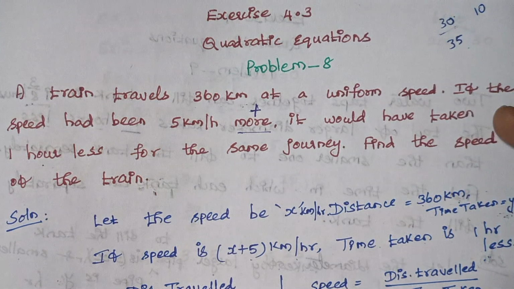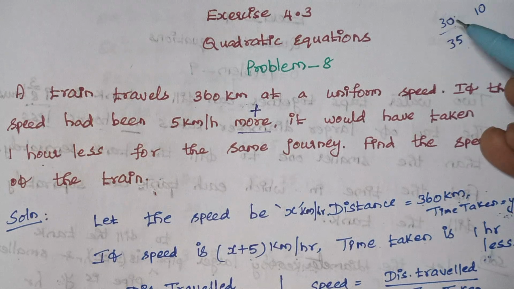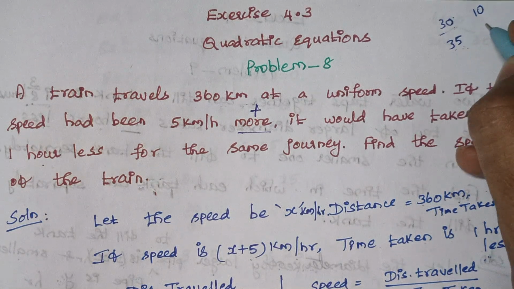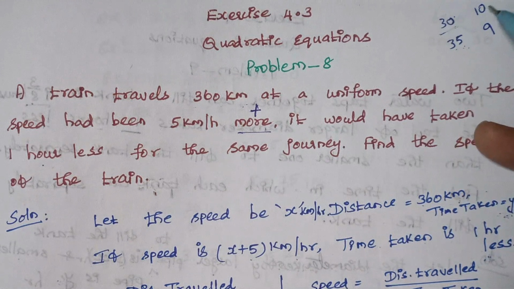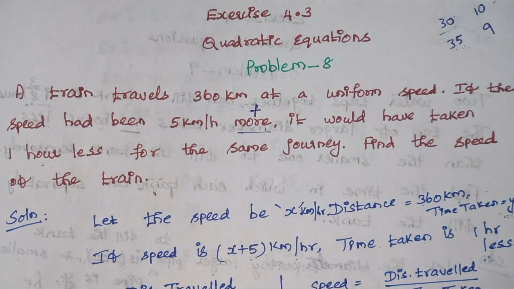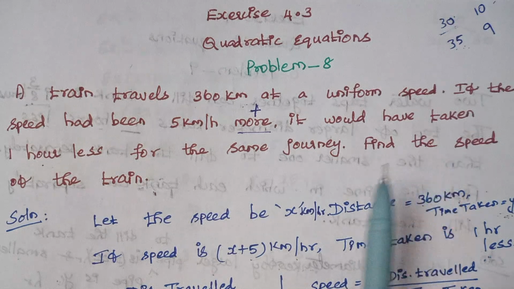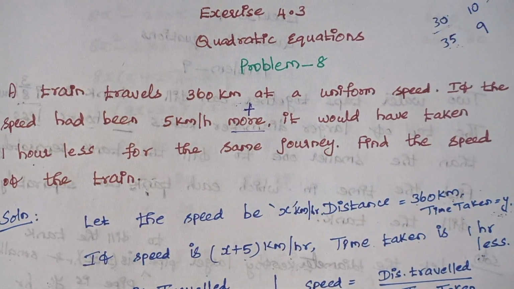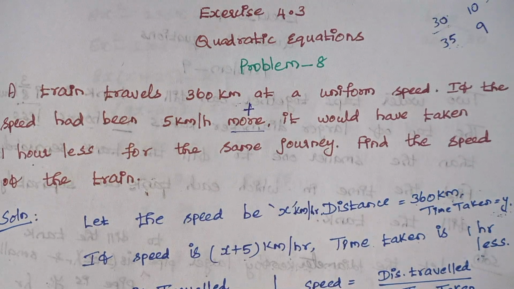Just for an example. Suppose the train travels at a speed of 35 km per hour, then the time taken is 1 hour less, that is 10 minus 1, which is 9. So find the speed of the train. Now we have to calculate the speed of the train. I hope you understand the problem.